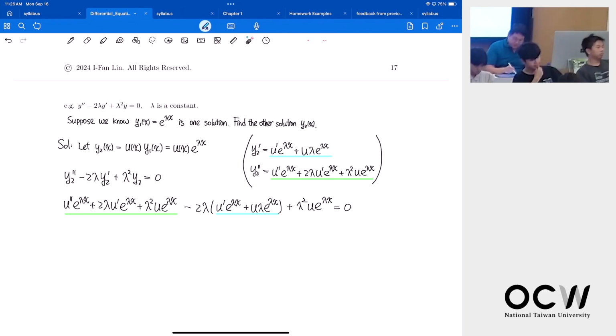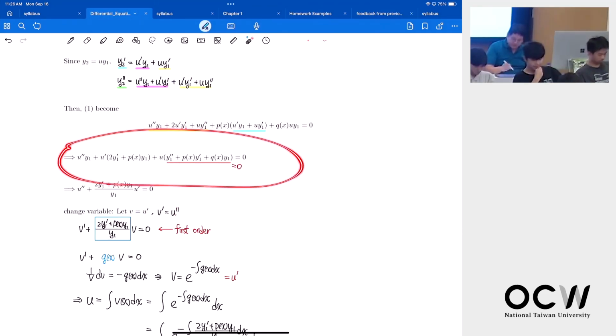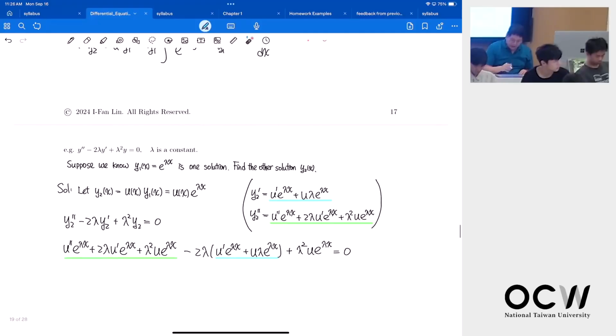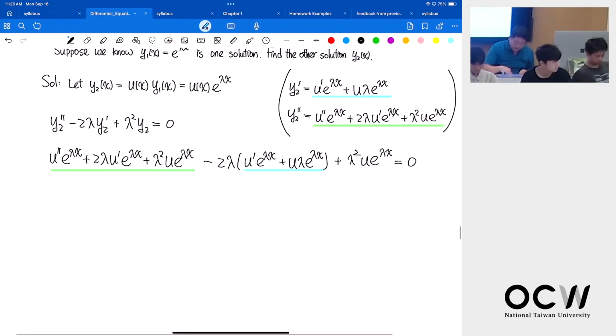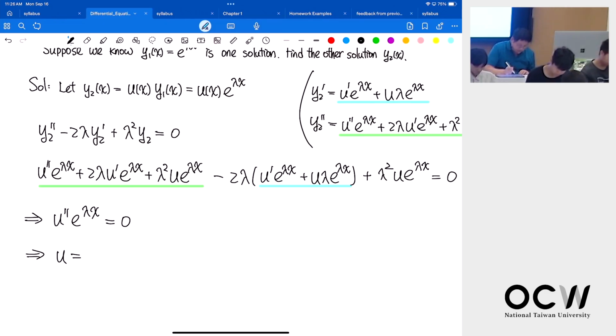Now rearrange this. You see that it looks like we have a bunch of stuff, but we will definitely find something equals to 0. And here you'll get u double prime e to the lambda x equals 0. That's so easy. You get u is c1x plus c2.